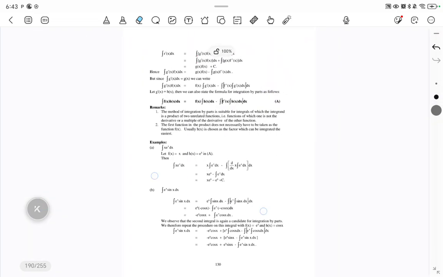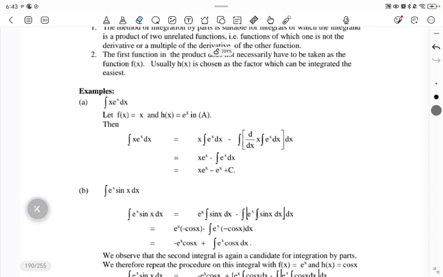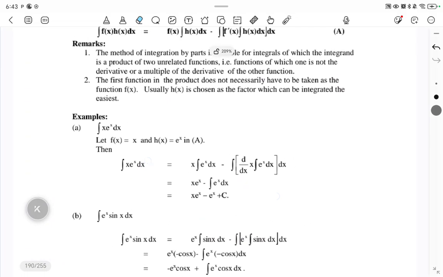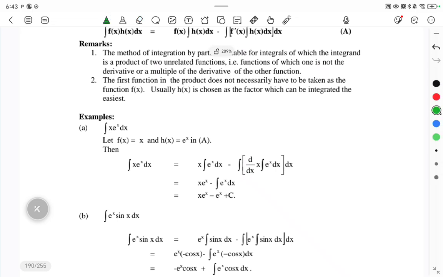And then now we come to these functions. With this, we are no longer going to look at the difficult one to derive. We are going to use LIATE.